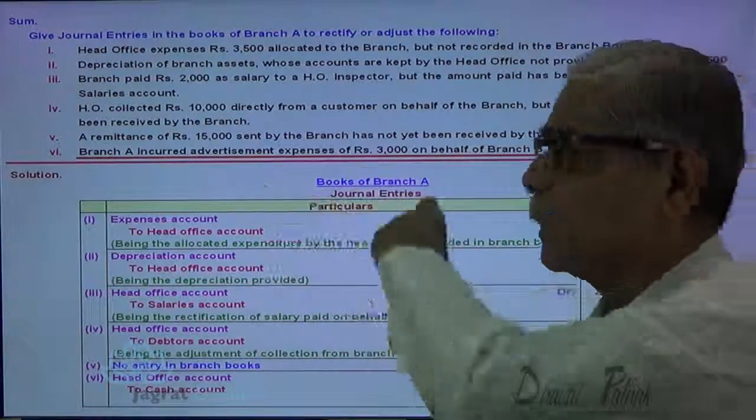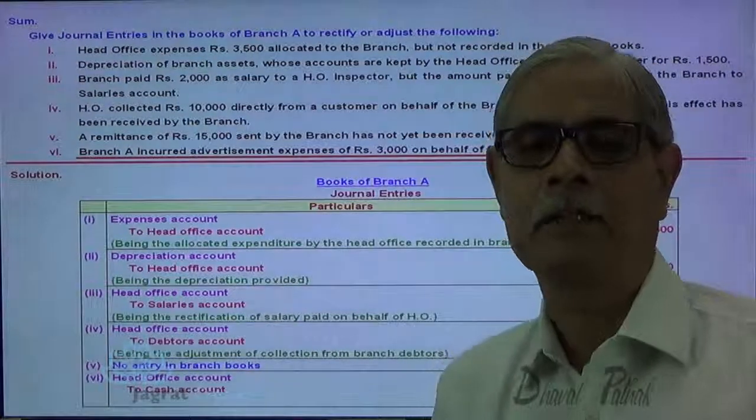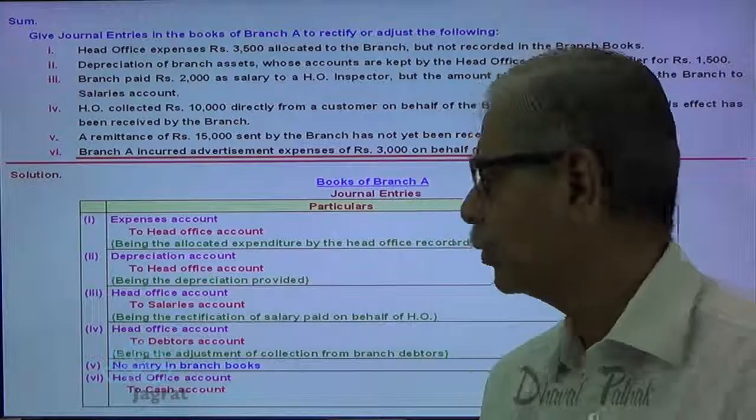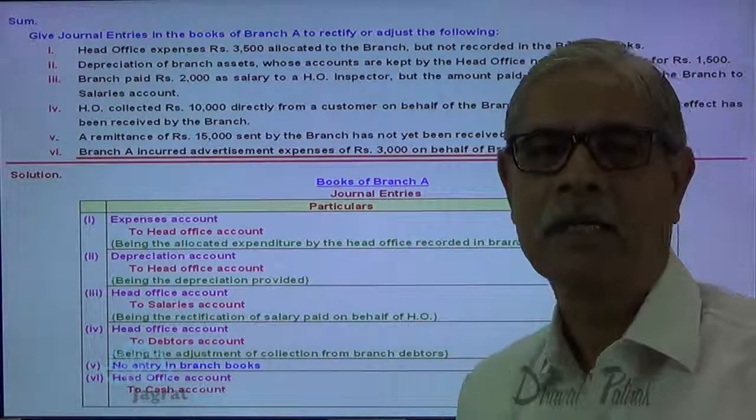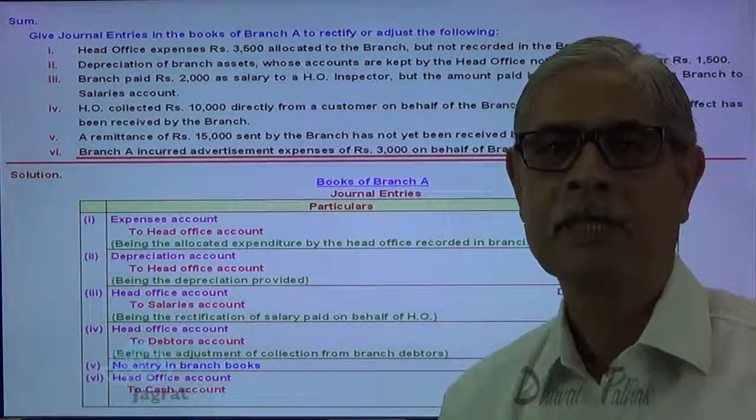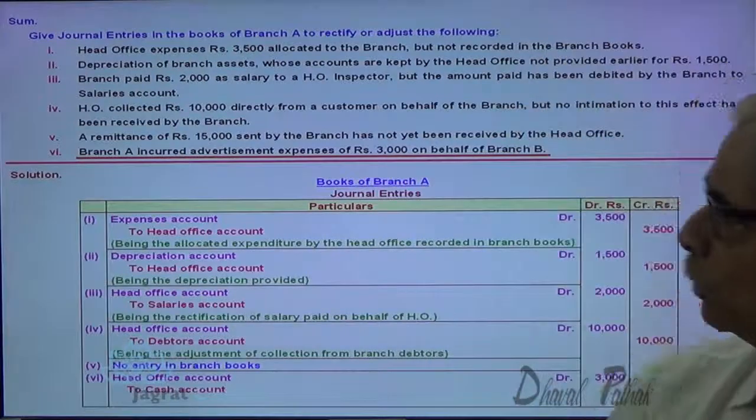But if this advertisement expense is already debited to advertisement expense account, then in that situation, HO account debit to advertisement expense account credit, that is the entry to be recorded. That's an important understanding that students should hold.